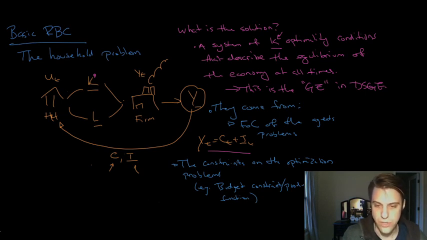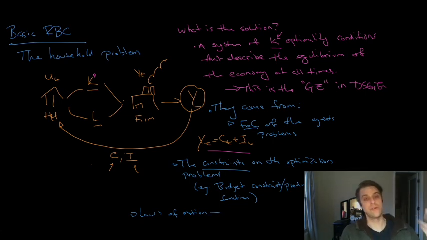Okay, so they come from the constraints, they come from the FOC, and then they also come from the laws of motion. The laws of motion are sort of exogenously given to us as descriptions of how the state variables move. So the law of motion of capital, law of motion of technology.